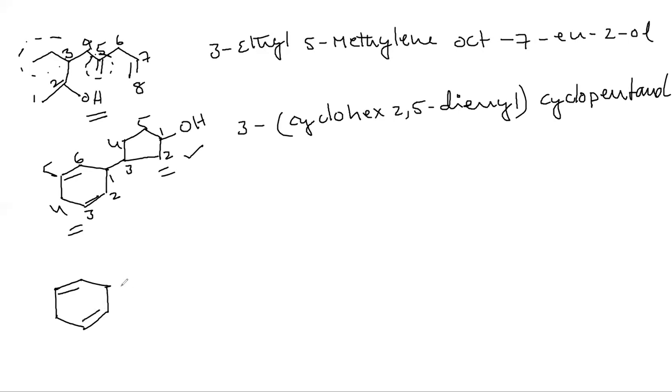Like this I have, and I have CH2OH here. Okay. Now, what is the principal carbon chain, this one or this one?